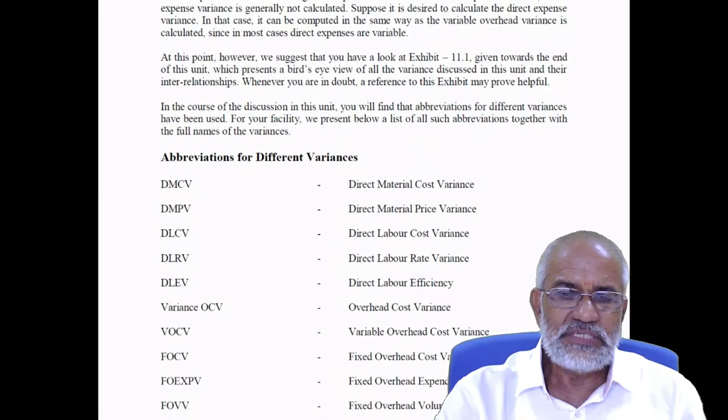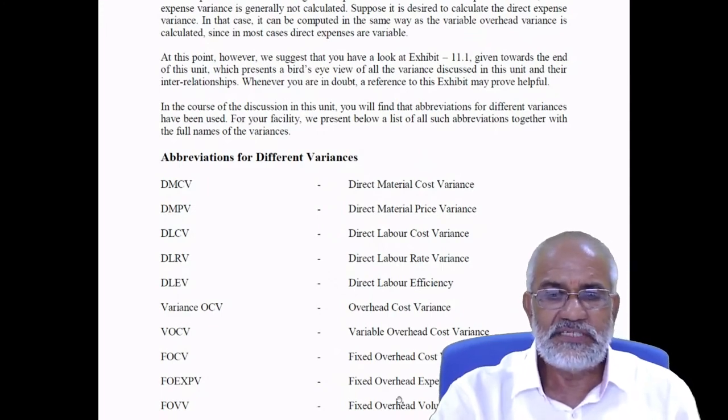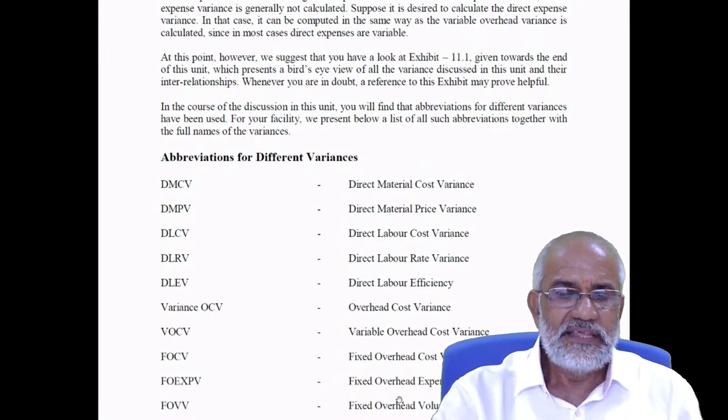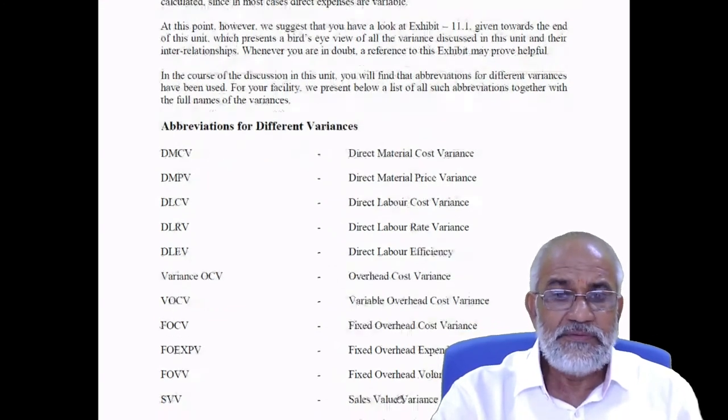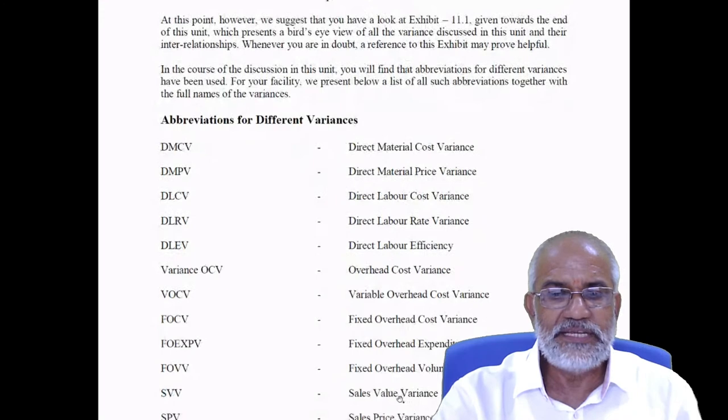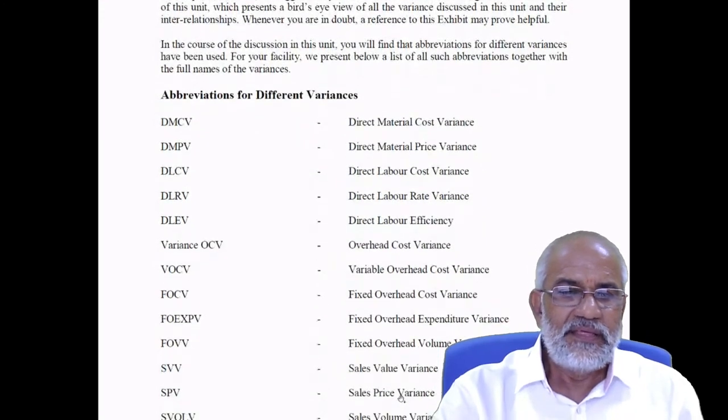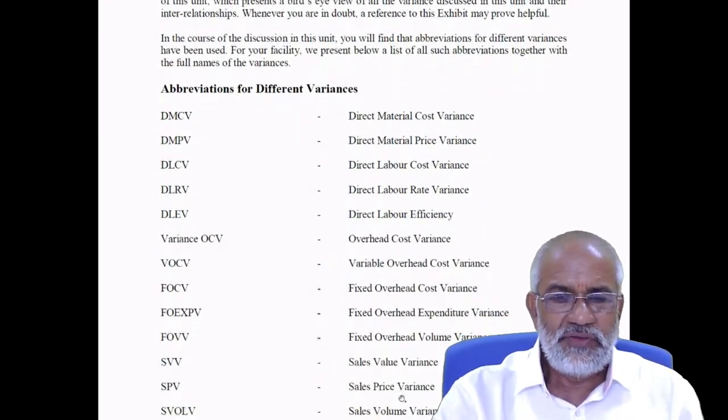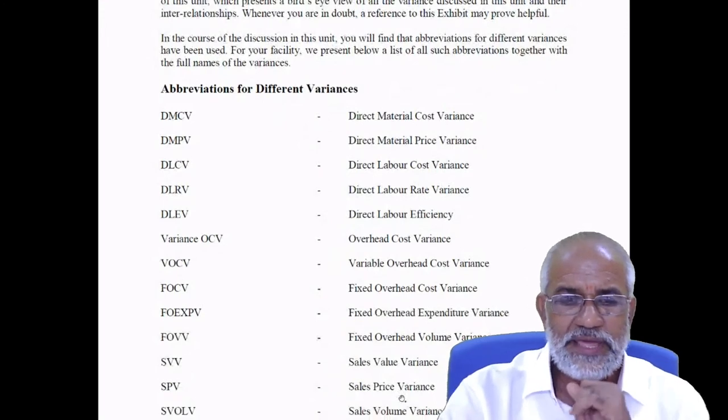Then OCV, that means overhead cost variance. Then VOCV, variable overhead cost variance. Then FOCV, fixed overhead cost variance. Then FOEXPV, fixed overhead expenditure variance. Then FOVV, fixed overhead volume variance.